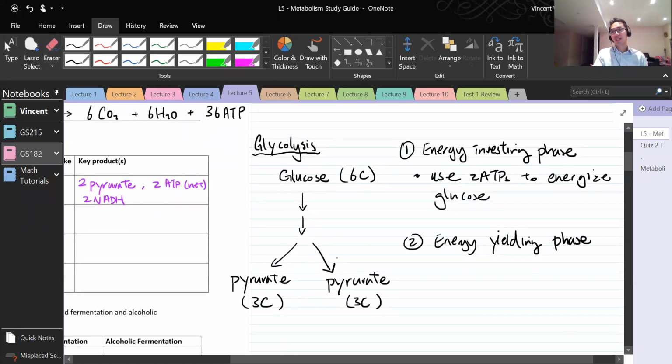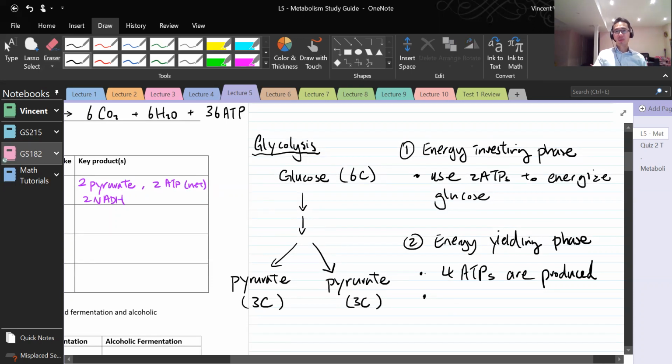Glycolysis has a total of 10 steps. In the energy yielding phase, the energy you invested will pay off. You will get 4 ATP back. So that's why it's a net production of 2 ATP: 4 ATP minus 2 ATP gives you 2.